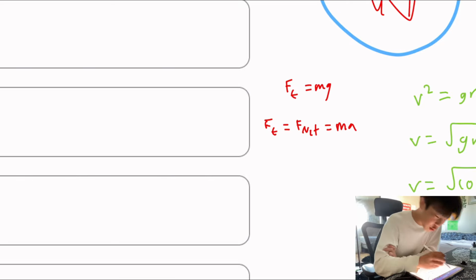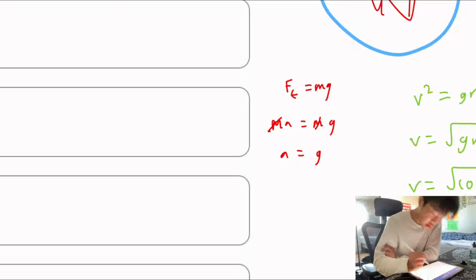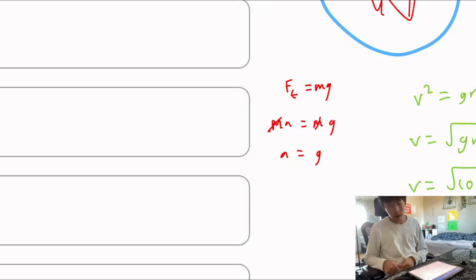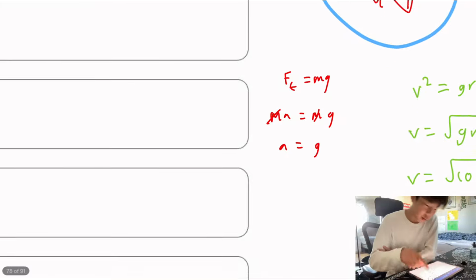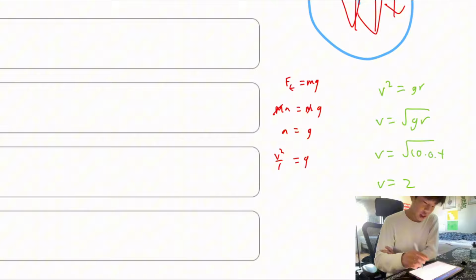Anytime you have any force, it's always equal to ma. So now let's do ma is equal to mg. Cross out the m's. A is equal to g. What's another way of saying a? It's going to be centripetal acceleration, which is just v squared over r equals g. And that's how I got there. V squared equals rg, right?